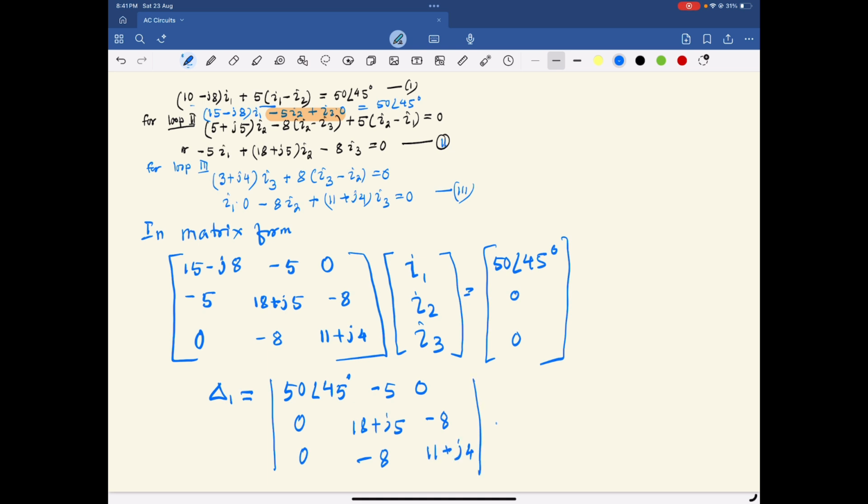In case of del 1, we replace the first column with the voltage matrix. One thing is we have to convert the polar to rectangular form of the voltage. So it will be 50 cos 45 degrees plus j sin 45 degrees.